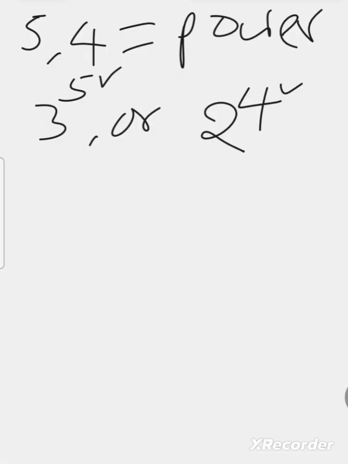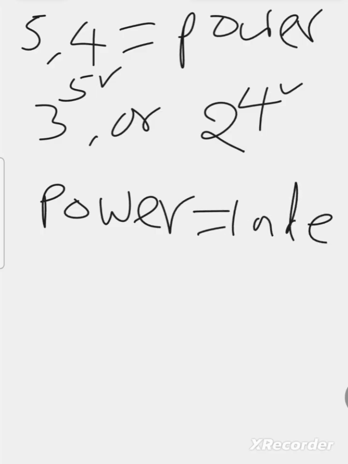But there is one thing that I want to remind you. A power is the same as an index. Since power is the same as index, then 5, which we referred to as power, we can refer to as index.